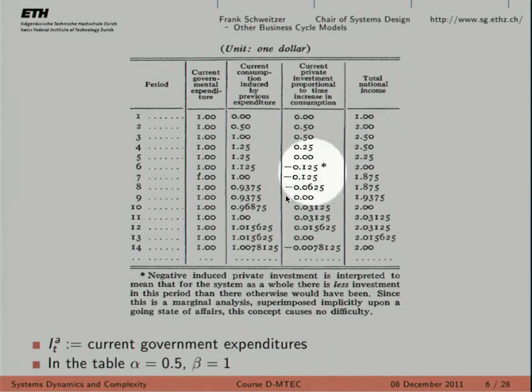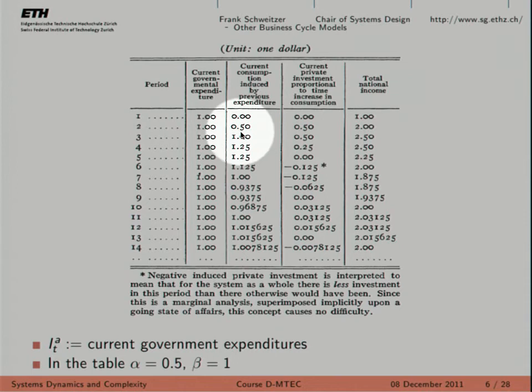Yeah, so I forgot to say that alpha is 0.5. So consumers consume half of their income, and investors simply take the accelerator to be 1. In the next time period, consumers would see, oh, we had $1 of aggregate income, so this is aggregate income.